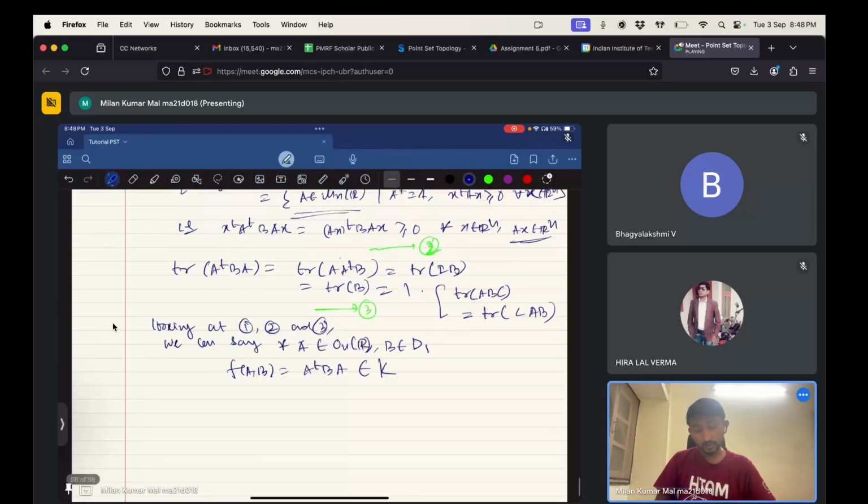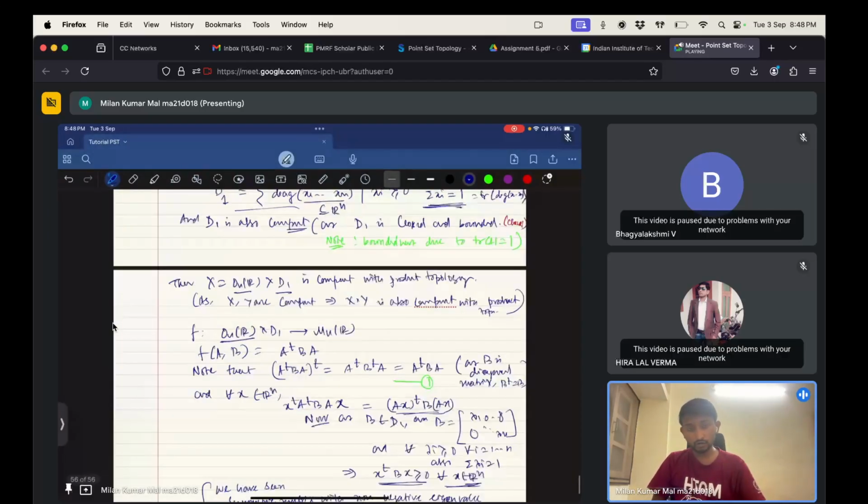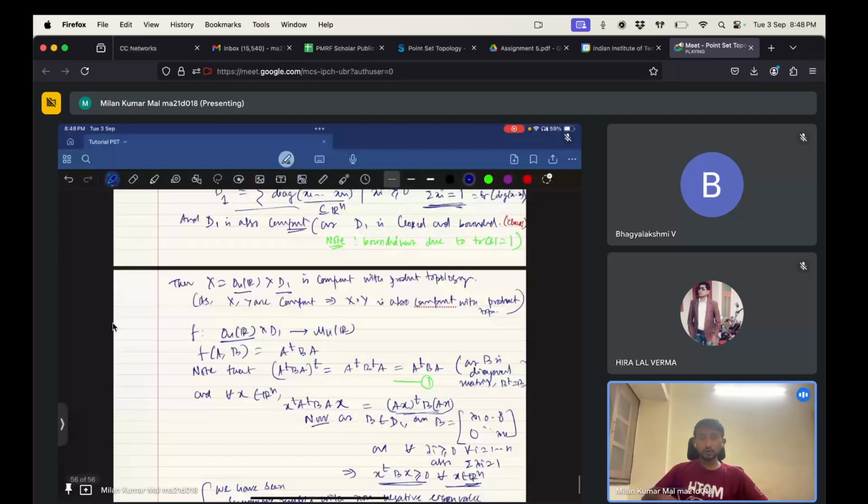What I have to prove is whether K is compact or not.